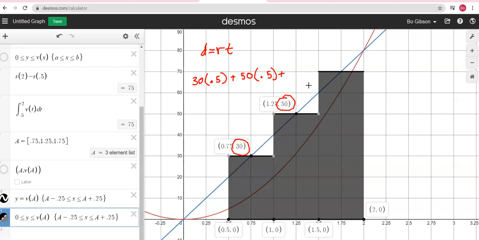And then I was going 70 miles per hour for half a second. It's pretty easy to evaluate. That's going to be 15 plus 25 plus 35. What is that? 60, 75. So that would be an estimate of the displacement during that time.